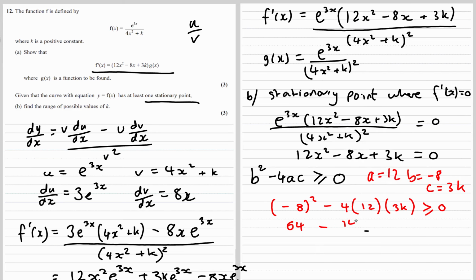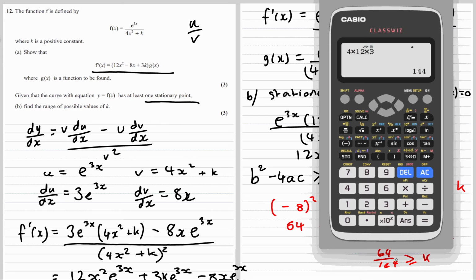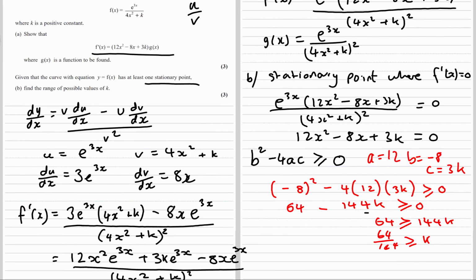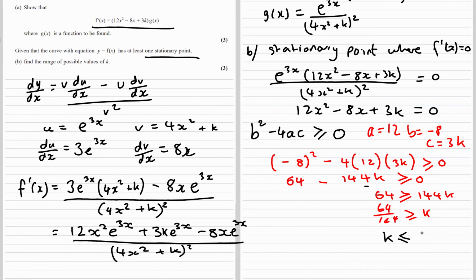So minus 144k is bigger or equal to 0. 64 is bigger or equal to 144k. So k is less than or equal to 64 over 144. Let's simplify that. 4/9. So that tells us that k is less than or equal to 4/9.